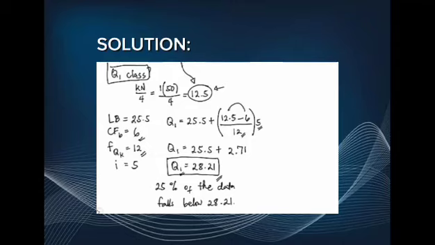So we have 5. Correct? So our I is equal to 5. Even if you count it below, we have 21, 22, 23, 24, 25. So our I is equal to 5. After completing these, we can now use our formula to get the first quartile.